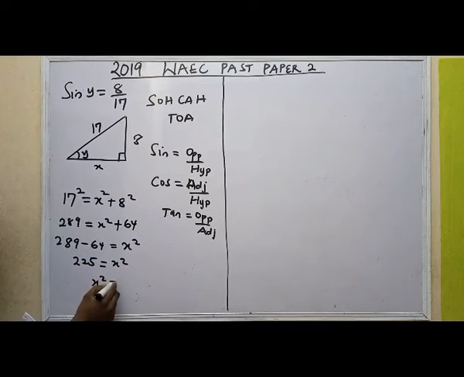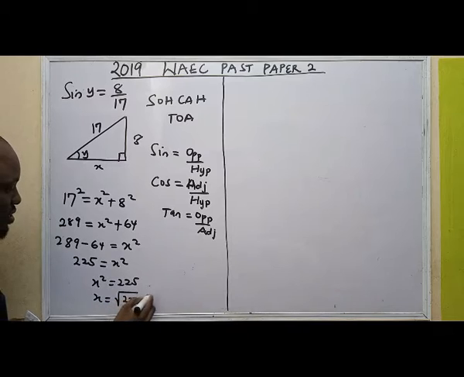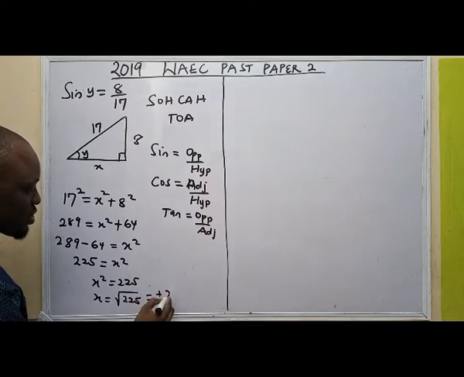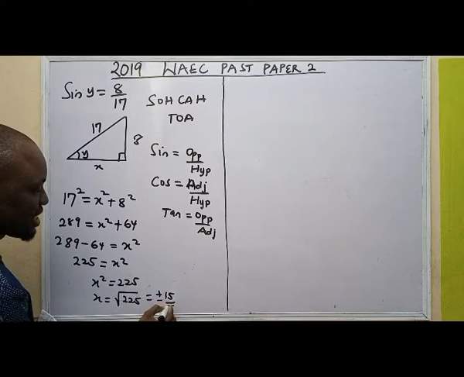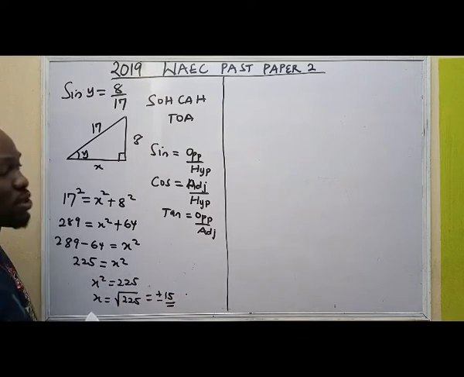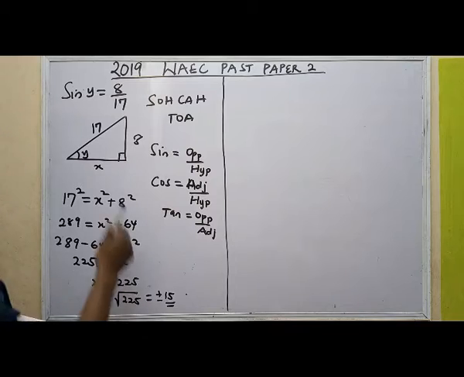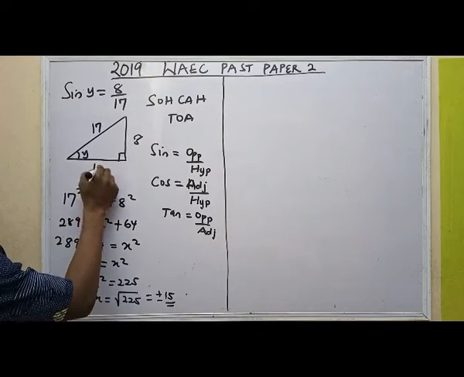So x is the square root of 225, which is plus or minus 15. But I need the positive 15 here, so I'm going to put 15 here.